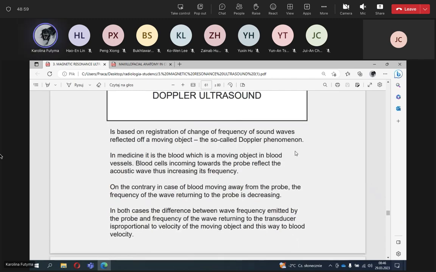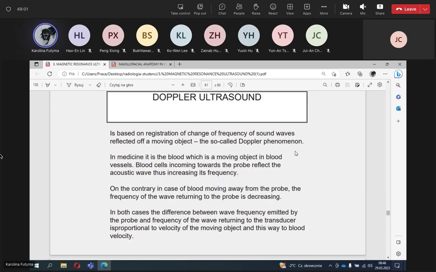Okay, one more thing about the Doppler method. The Doppler is based on registration of change of frequency of sound waves reflected off a moving object, the so-called Doppler phenomenon. In medicine, it is the blood which is a moving object in blood vessels. Blood cells coming toward the probe reflect the acoustic wave, thus increasing its frequency.